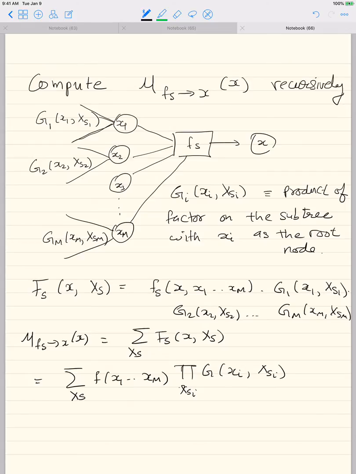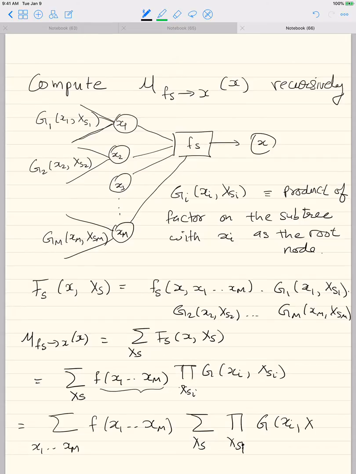Okay. Now what we can do is we note that the term here only depends on x1 to xm, so all we need is to sum over x1 to xm of f of x1 to xm, and then we can keep the summation over xs here, product over xsi, g of xi and xsi. The next step is to interchange the summation and the product.